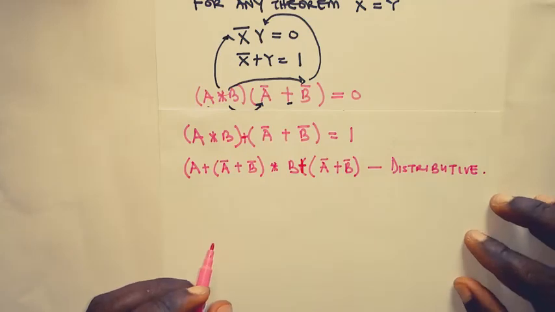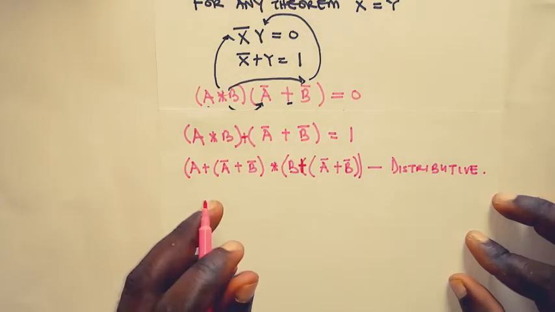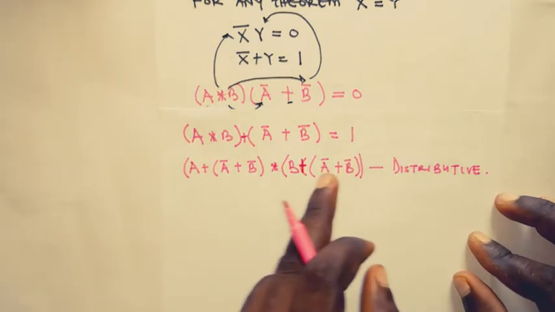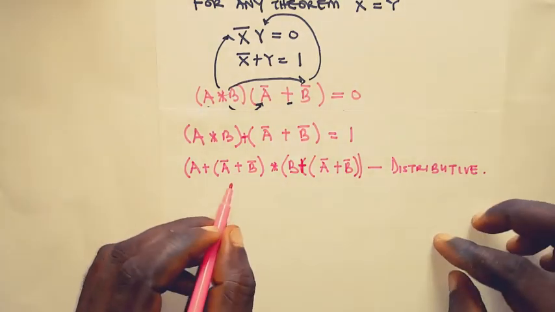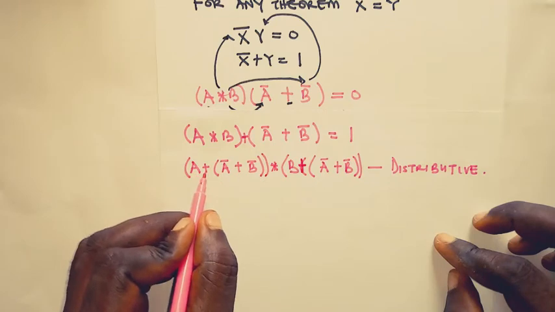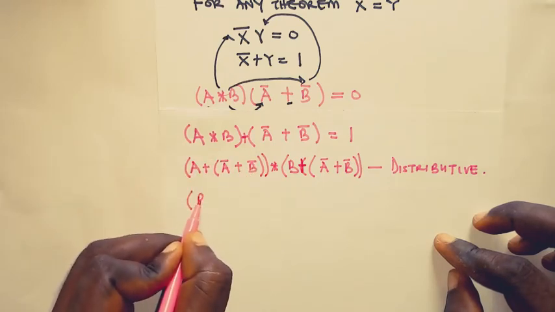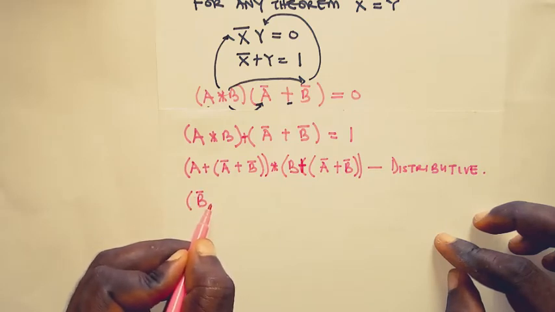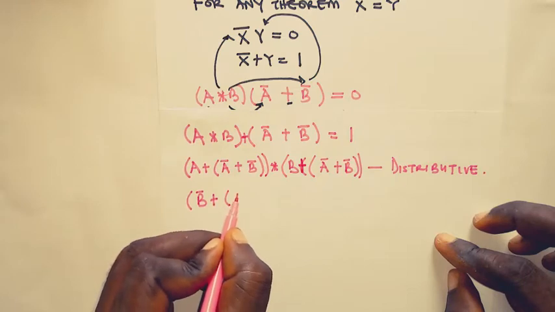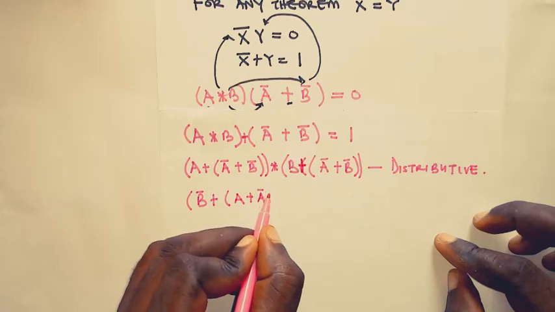Distributive law. And then we look at it, we can actually apply another law, the associative law. That means the order, the arrangement does not really change the result. So we can rearrange this to say we can bring the B bar out and bring the A in. So we have B bar plus A plus A bar.